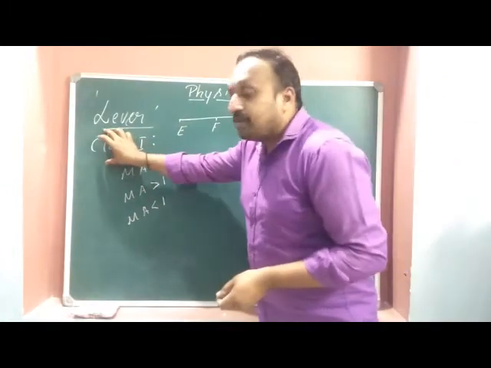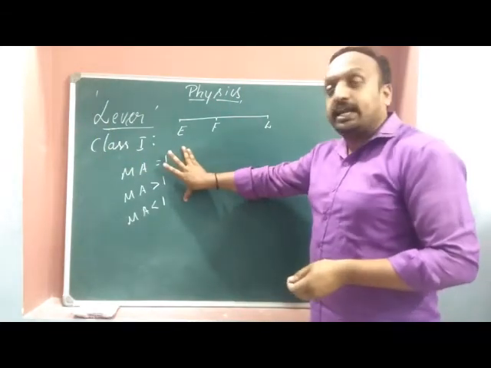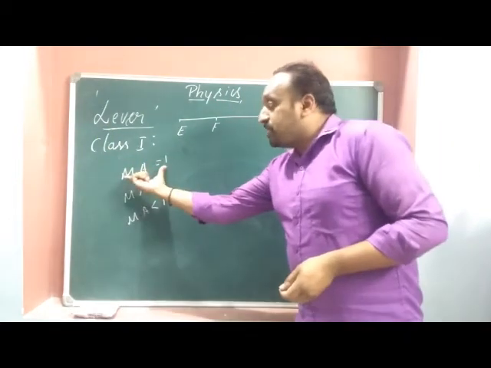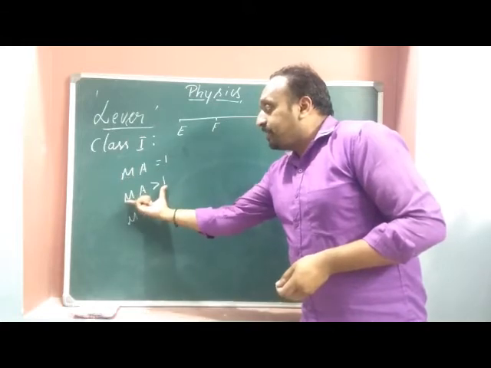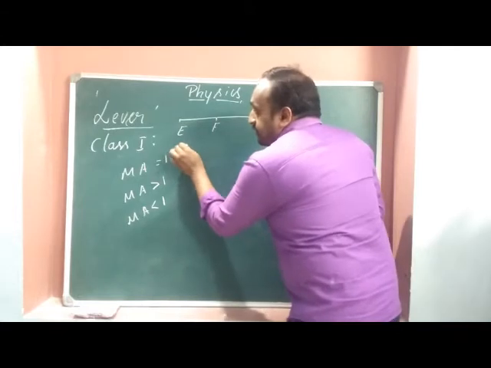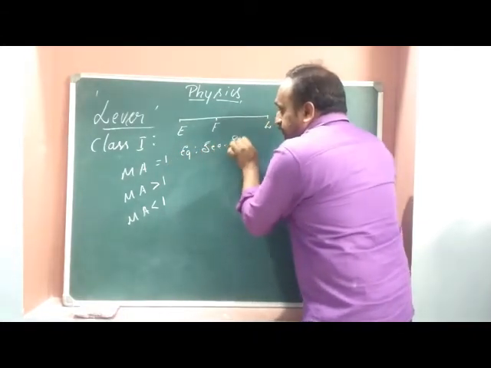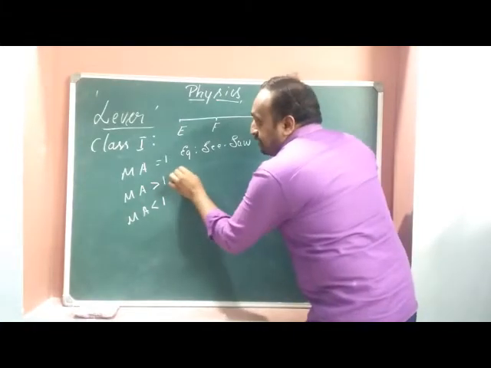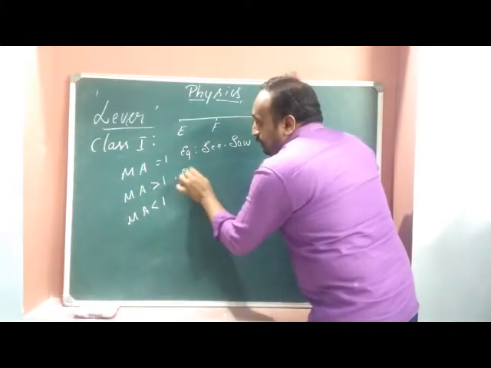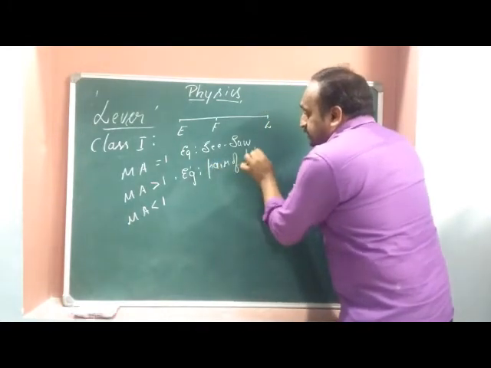The class 1 lever has 3 kinds of mechanical advantage: equal to 1, greater than 1, less than 1. Equal to 1, example seesaw. Greater than 1, example a pair of pliers.